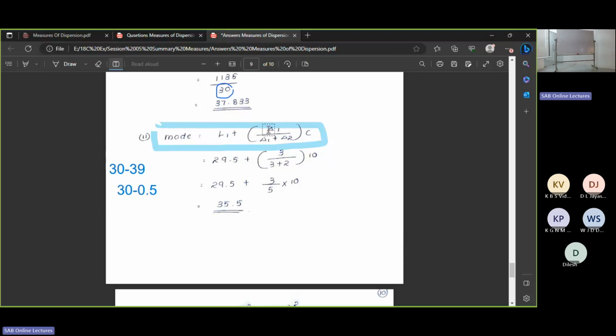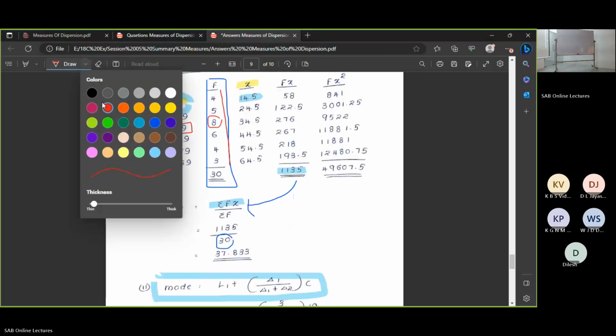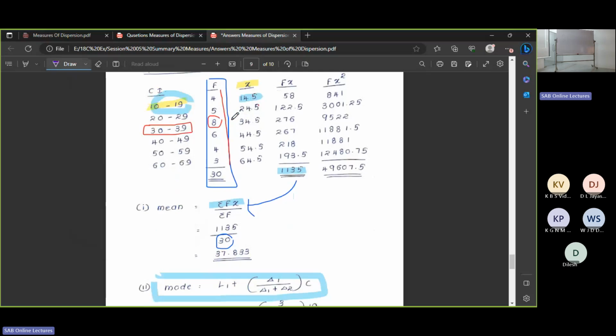Then ask delta 1. Normally delta means what? Change, difference. Then we move over to the frequency distribution. 8 is the highest value. Delta 1 means the difference between the frequency of the modal class and the frequency of the class preceding the modal class.